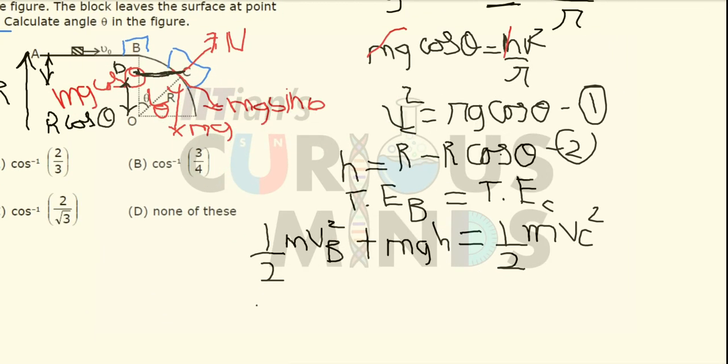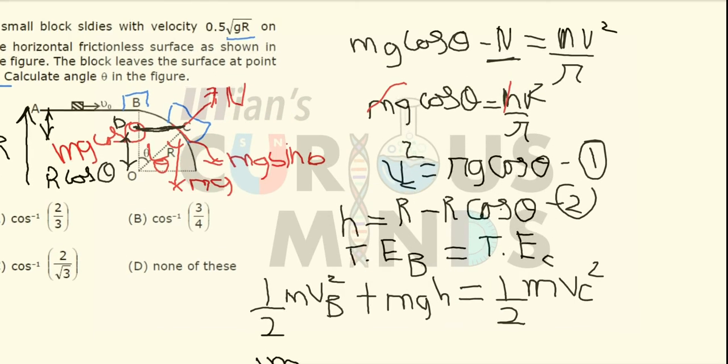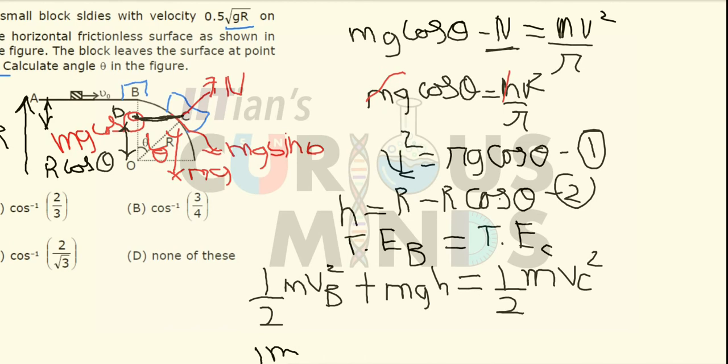Now it is given that the velocity at point B is 0.5 root gr. So when I square that, it will be 0.25 gr.